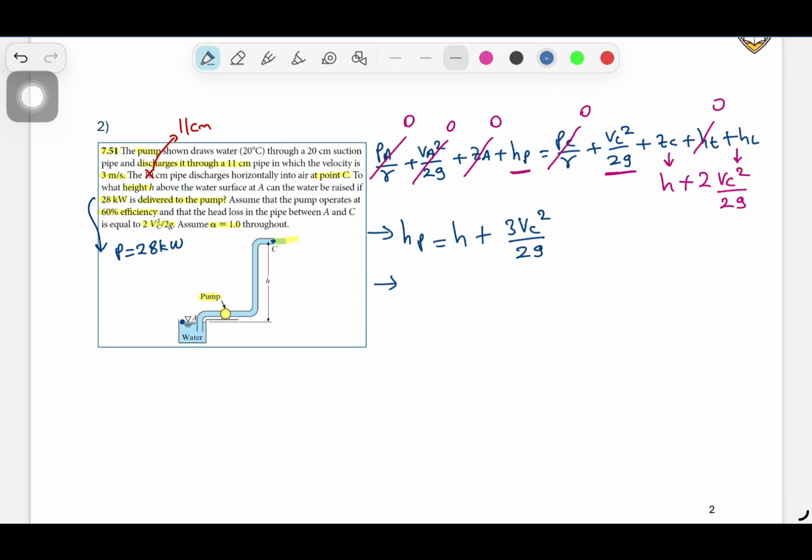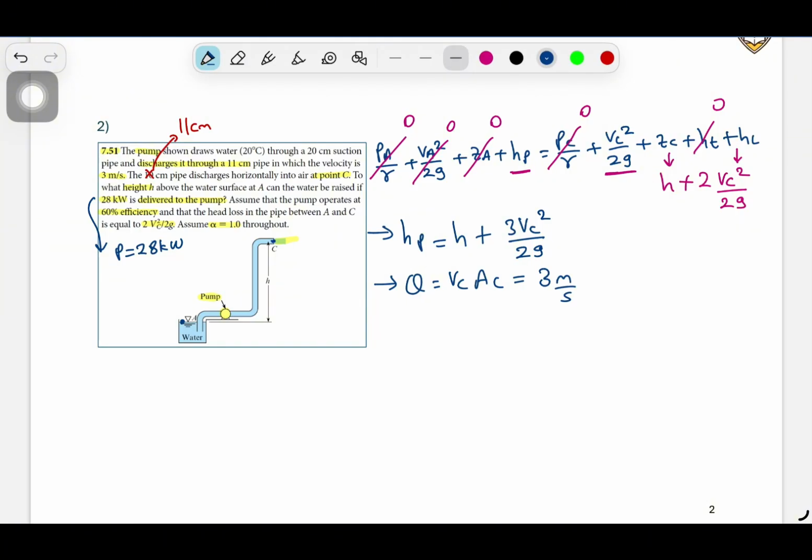So this means we will have the same velocity, same area, and same flow rate, because flow rate is Vc AC. So the water with 3 meters per second velocity is discharged through point C as 3 meters per second again.